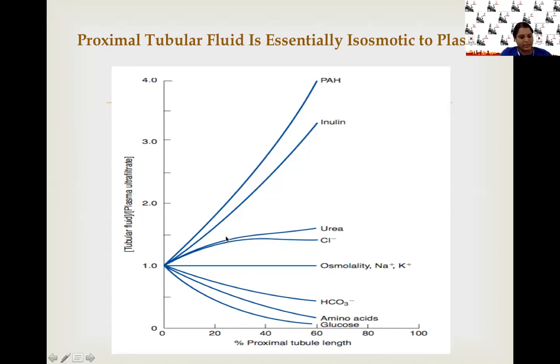Now, as the concentration of the osmotically active substances increases, the sodium and water excretion also increases, resulting in the so-called osmotic diuresis, which we see when there is glucosuria. Sodium is reabsorbed against the concentration gradient in an active process.